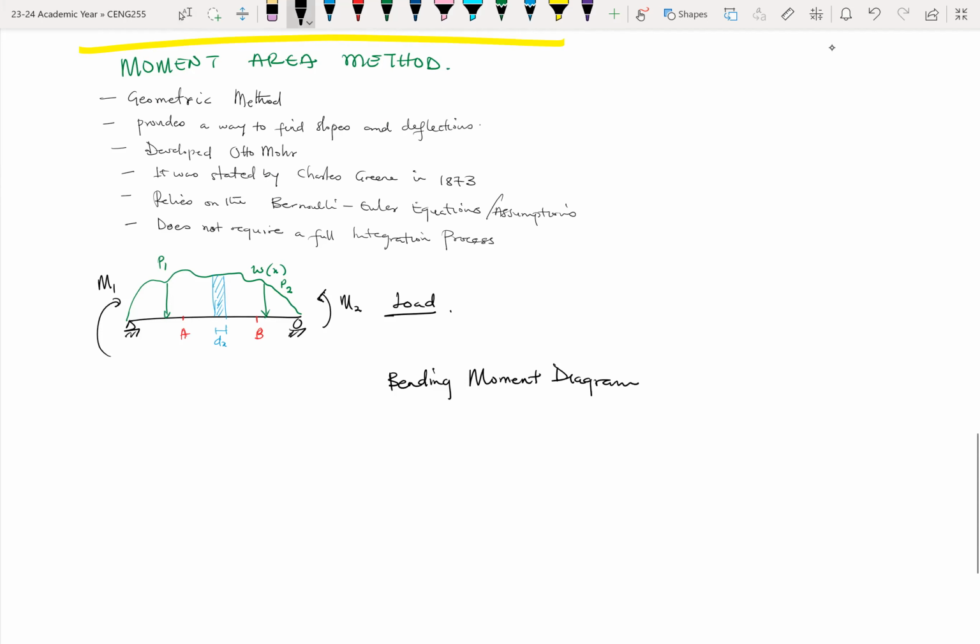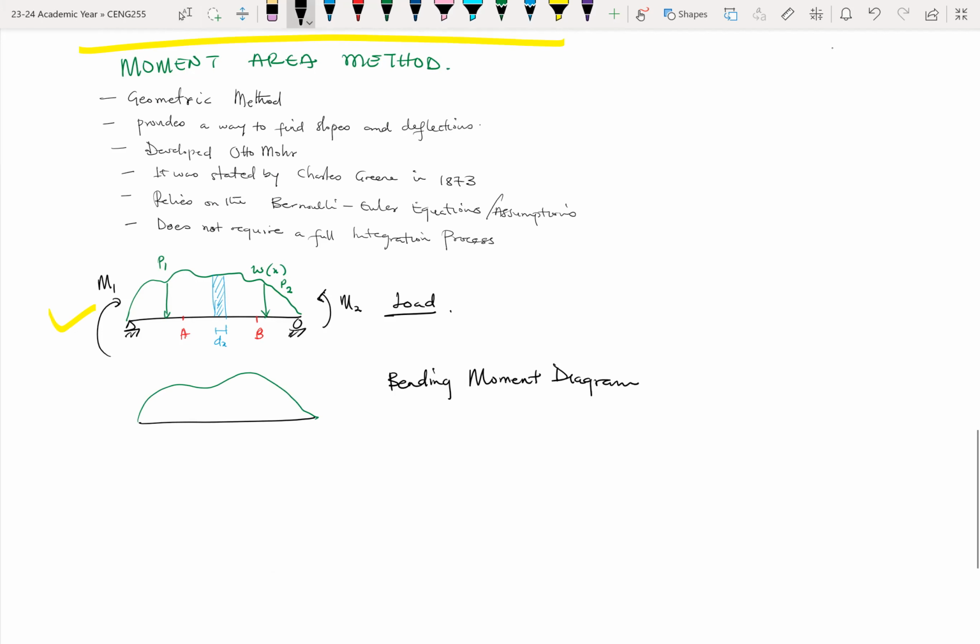So again, let's say we solved this beam with its load. We've done all our analysis of it. We can draw the bending moment diagram. So let me just draw something that is arbitrary again. So I have the shape. Okay. So this is my bending moment diagram for the structure.